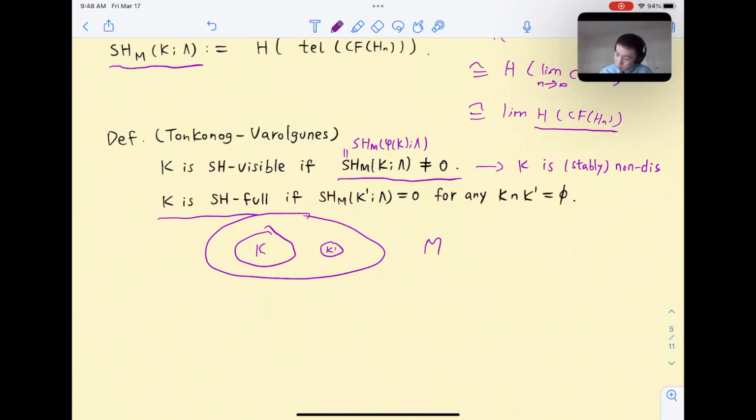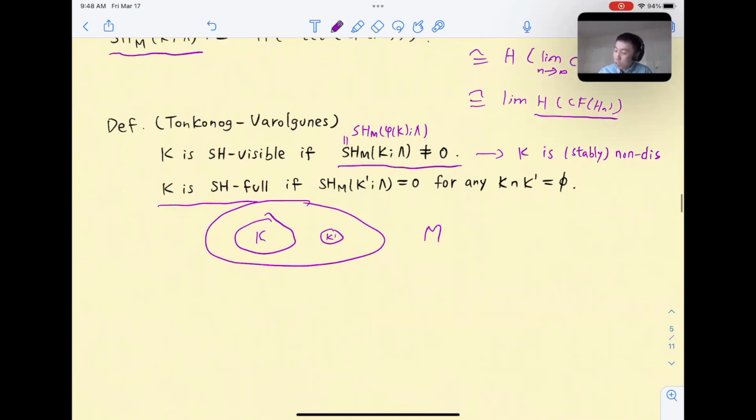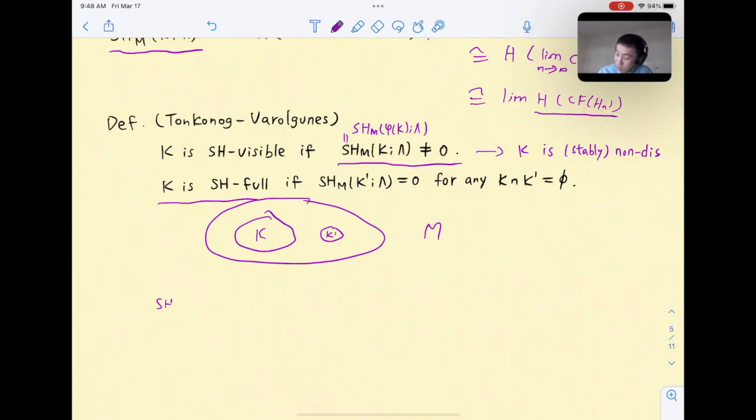And maybe I should mention two examples of this calculation, why this invariant is interesting or is different from the quantum cohomology. So first, SH of the empty set is zero.